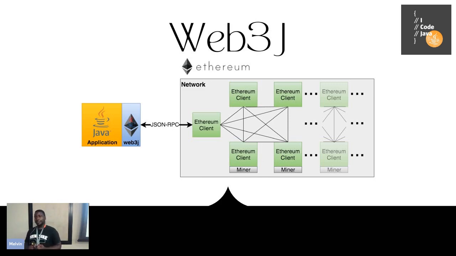Though we have Phantom and Solana and so on, they're still based on the same model as Ethereum, and that's that you can build a Solidity contract and then deploy it. Now, Web3j is a library that you can use in Java to interact with such a network, and it does it through JSON RPC. And it's a standard that all these networks use to communicate with any client.